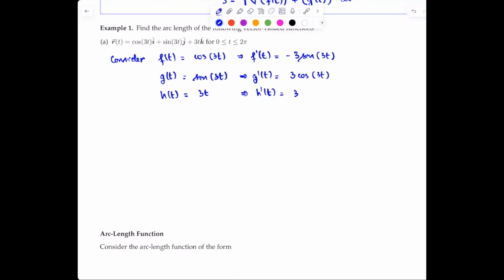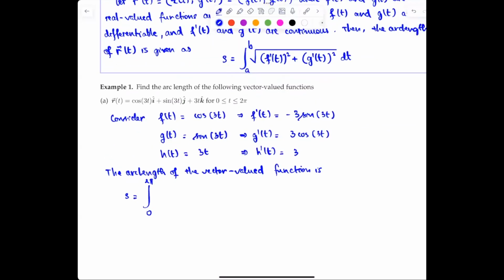Then the arc length of the vector value function is s equal to the integral from 0 to 2 pi. I have 0 to 2 pi because of the parameter t right here.